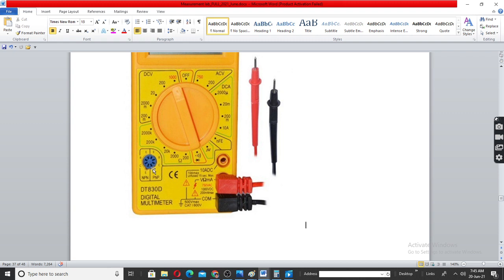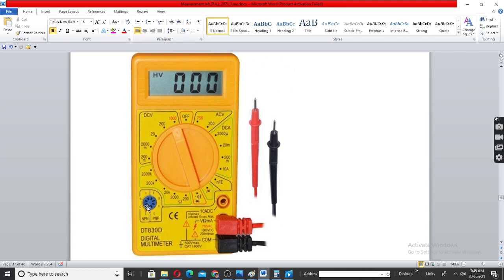If it is PNP, insert here. If it is NPN, insert here. Select this range hFE. Then the meter will display the value of hFE if the transistor is healthy. hFE or beta, both are the same. The value is usually between 100 and 250, around 200.